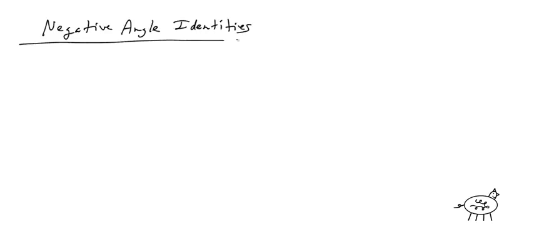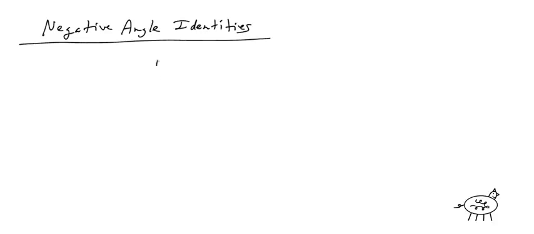Let us talk now about negative angle identities. Okay, negative angle identities. I know it's kind of a negative topic, so we'll try to be a little upbeat here. I'm going to show you 3 different negative angle identities.